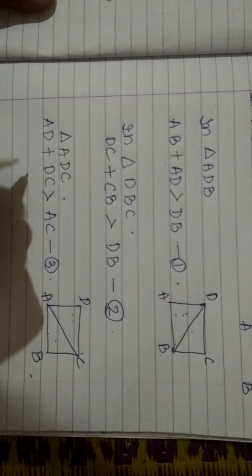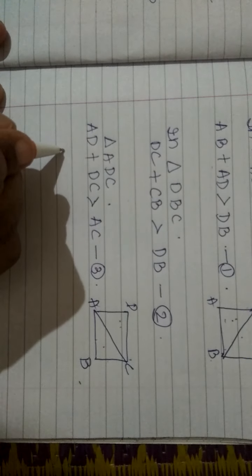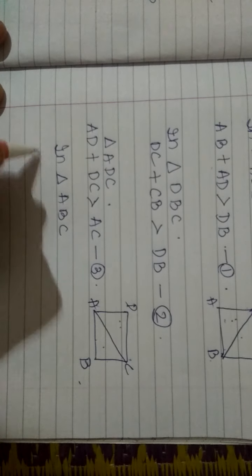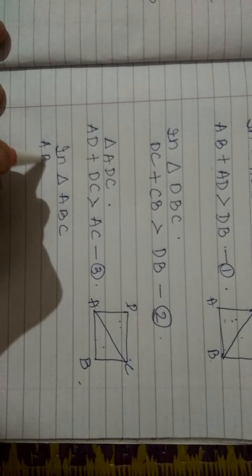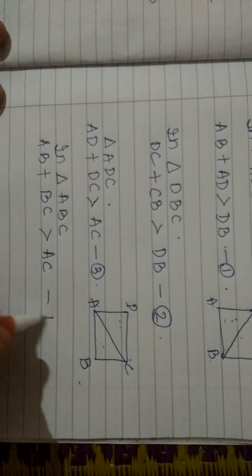Reason, the sum of the two sides of a triangle is always greater than the third side. And children, in triangle ABC, AB plus BC is greater than AC. This is equation number 4.